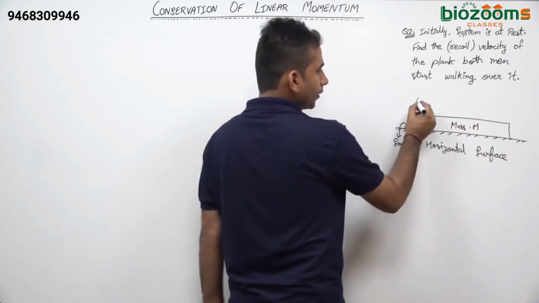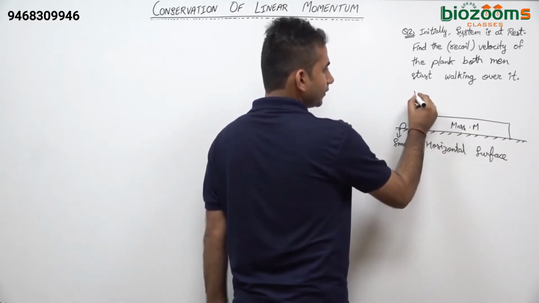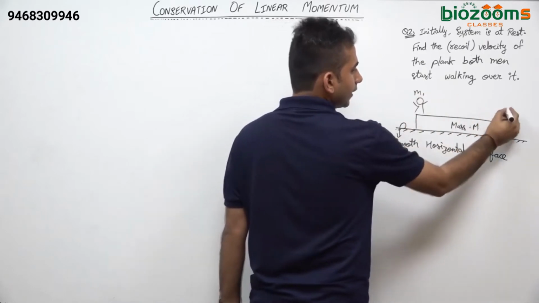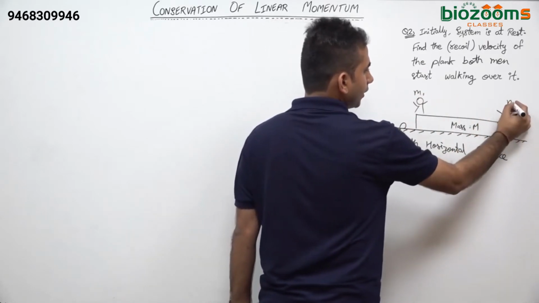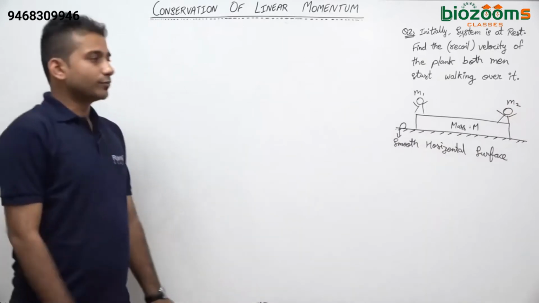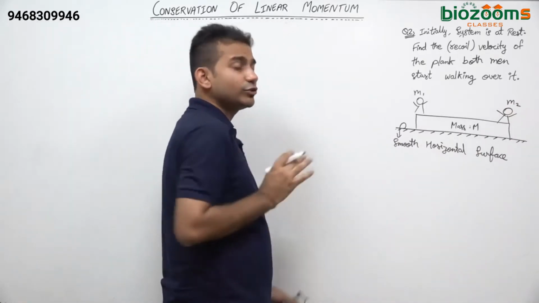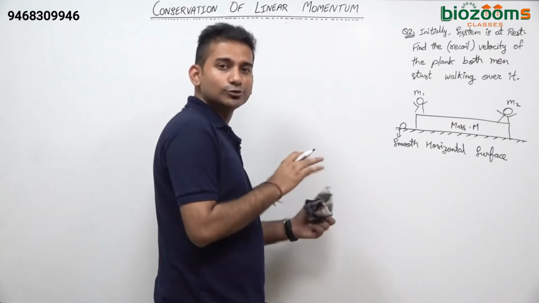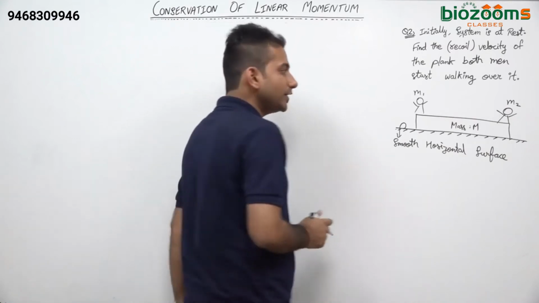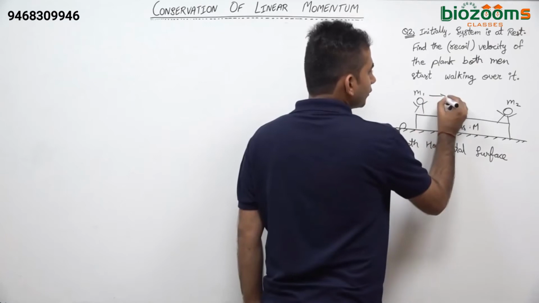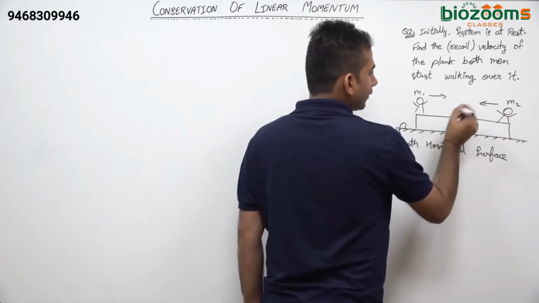Now a man of mass M1 is standing over here, and another man of mass M2 is standing over there. Initially the system is at rest, which means each and every part of the system will also be at absolute rest.